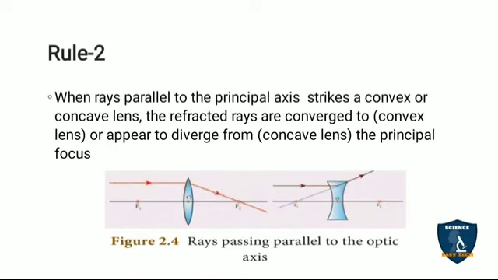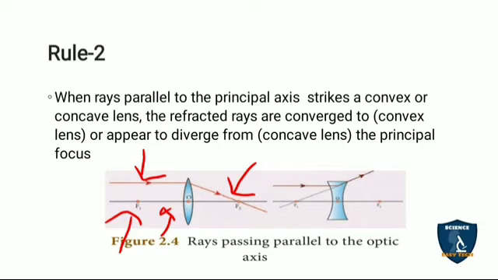Next, rule 2. When rays parallel to the principal axis strike or touch a convex or concave lens, the refracted rays are converged to the principal focus in convex lens or appear to diverge from the principal focus in concave lens.